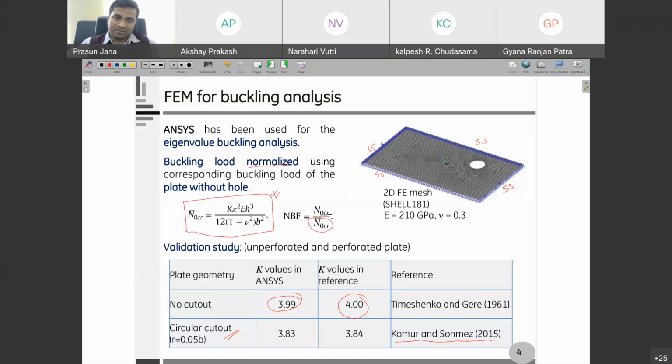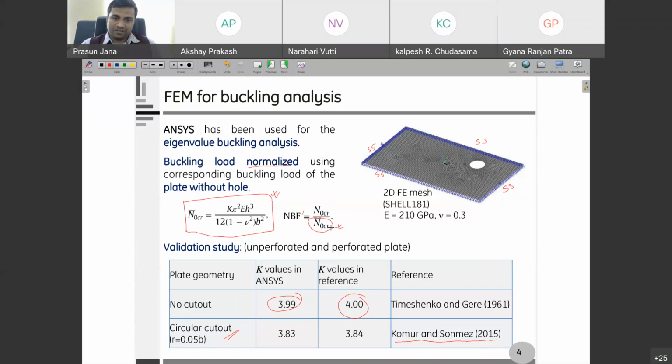So this N0 critical is the buckling load for the perforated plate, meaning the plate with cutout. Because this number for a given plate geometry will be constant, since we are not varying anything else.